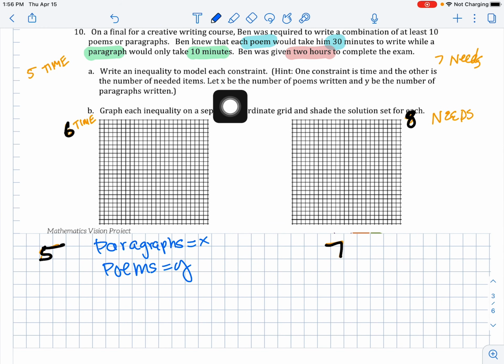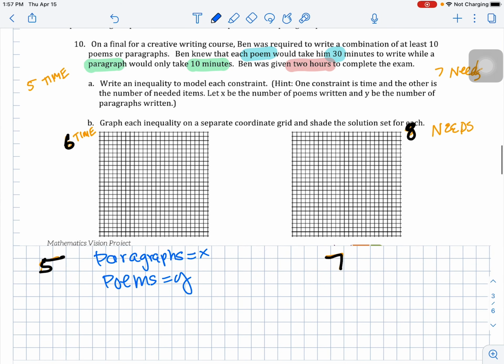So the times in here were 10 minutes, 30 minutes, and 2 hours. So each poem is, I think I mixed those up. I'm going to change my mind and say poems are X and paragraphs are Y.